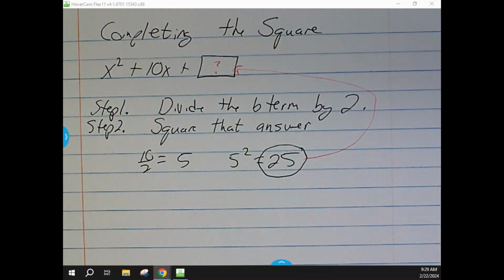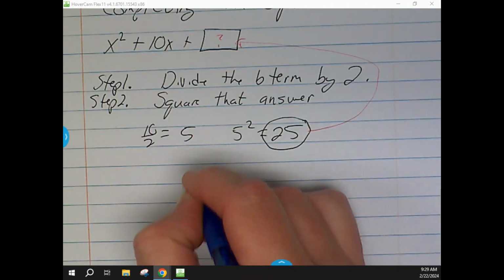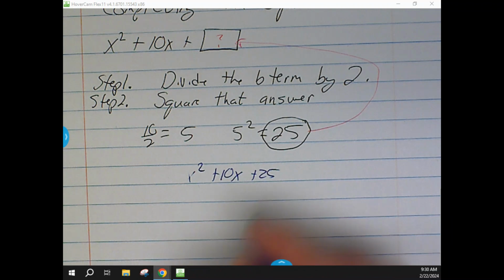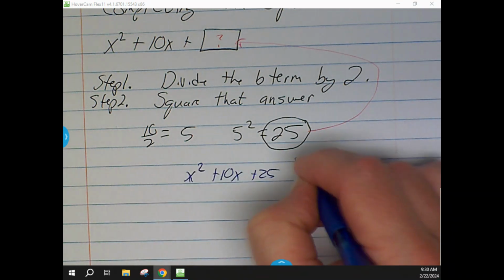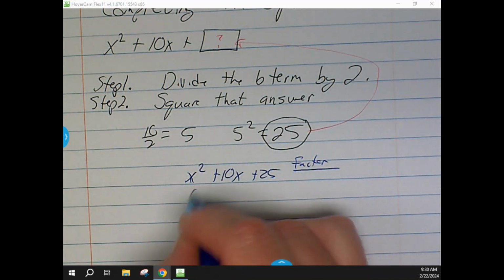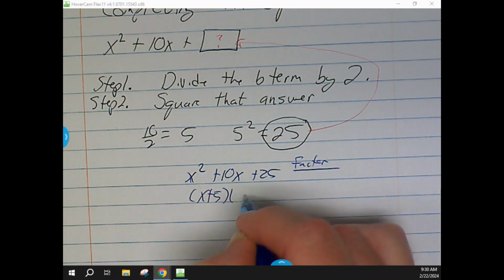Here's why they call it completing the square. If we plug this number in and we have x squared plus 10x plus 25, and they ask you to factor this, what are the factors of 25 that add to 10? 5 and 5, right? So you have x plus 5 and x plus 5.